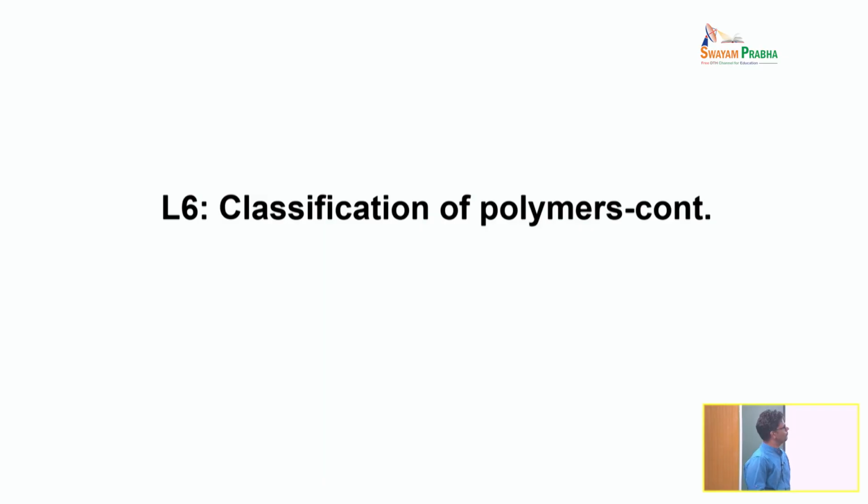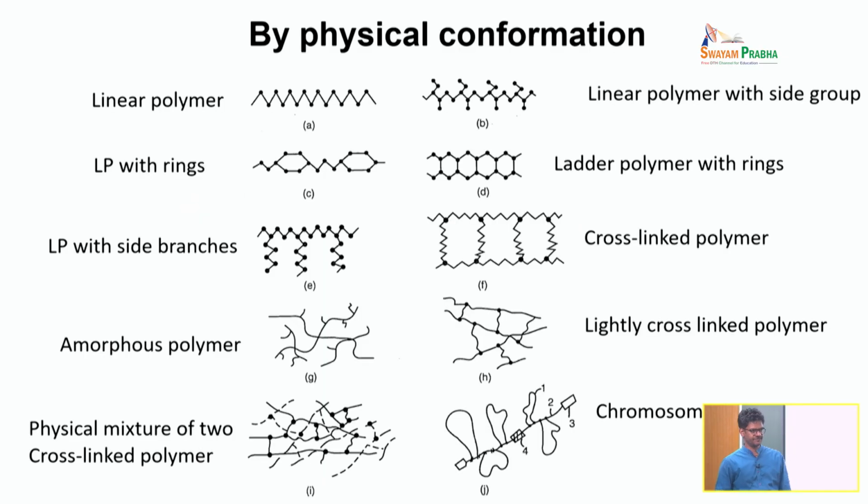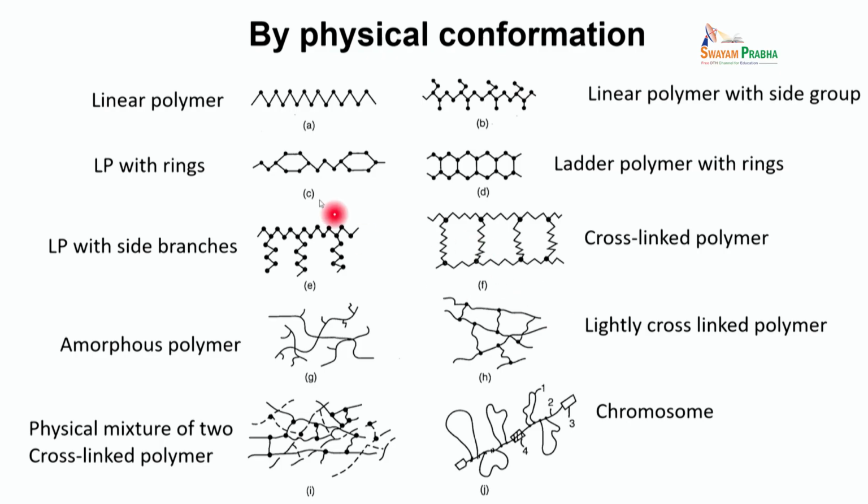So in that line of thinking, there is one more way in which we can classify the plastics or polymers, that is based on the topology or the molecular architecture, or we say the conformation. How the spatial distribution of atoms looks in a given polymer. So these cartoons characterize different kinds of polymer that you will encounter.